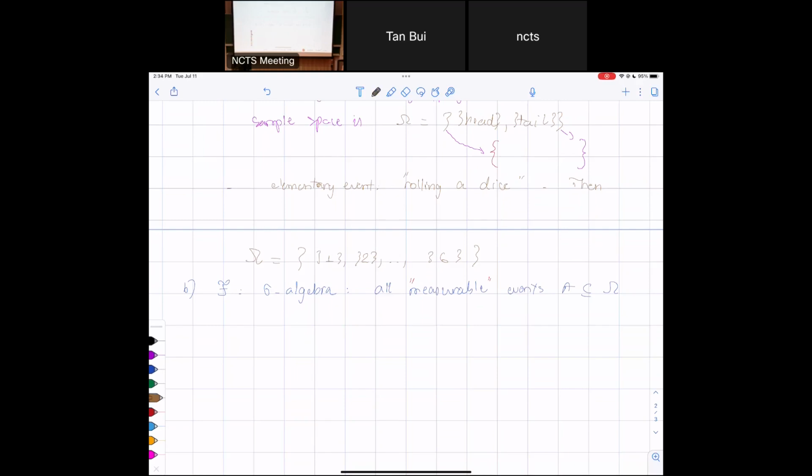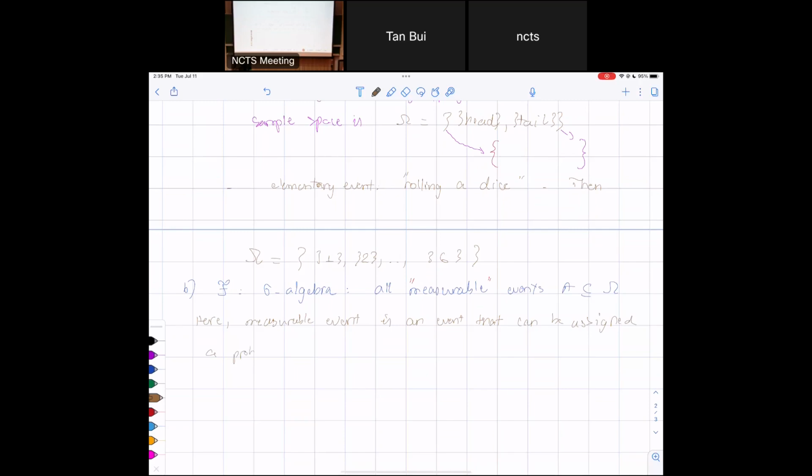Here, measurable means a measurable event is an event that can be assigned a probability.